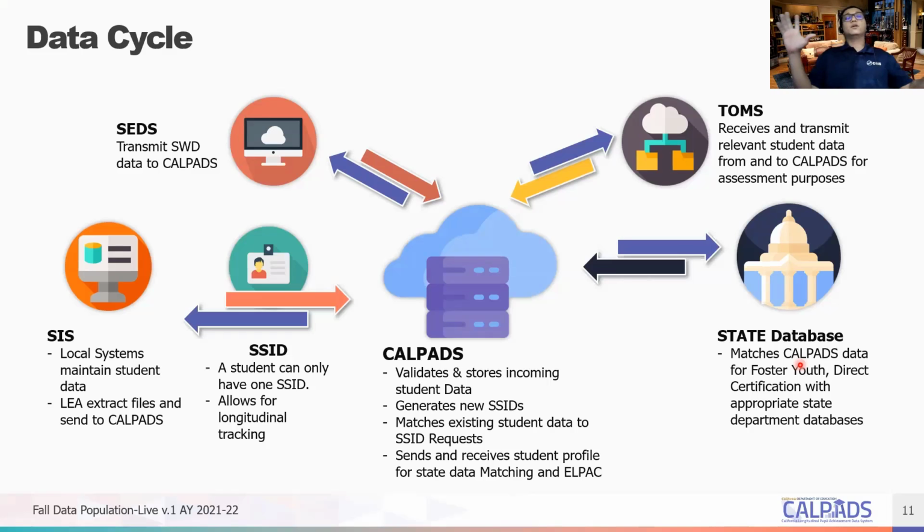So this is the whole data cycle of CALPADS, and this is just half of it because this is just the submission period, or submission cycle. There will be a certification cycle later on, which we will discuss next week in our reporting and certification.